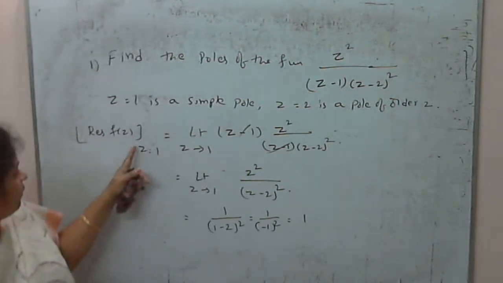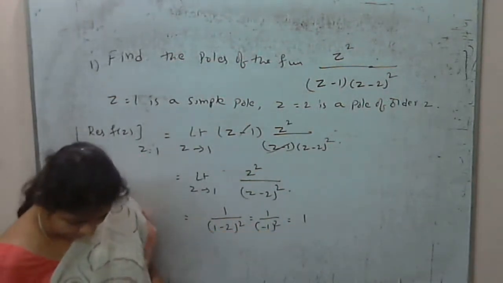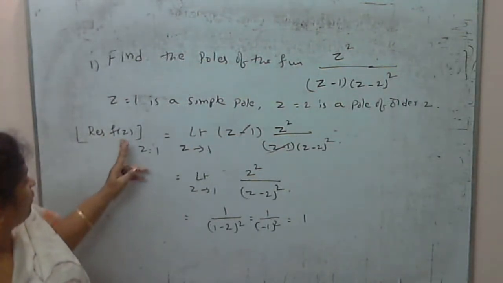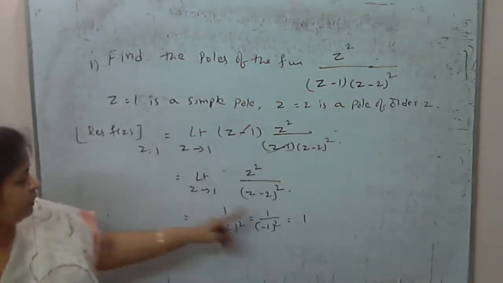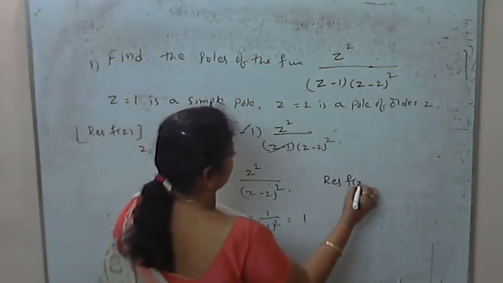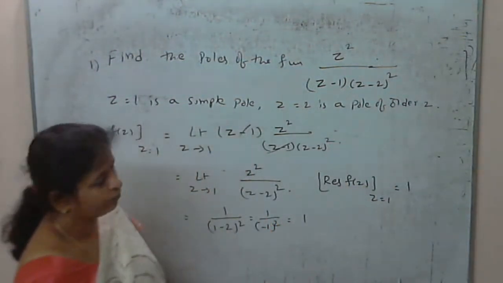So the residue of f of z at z equal to 1 is 1.